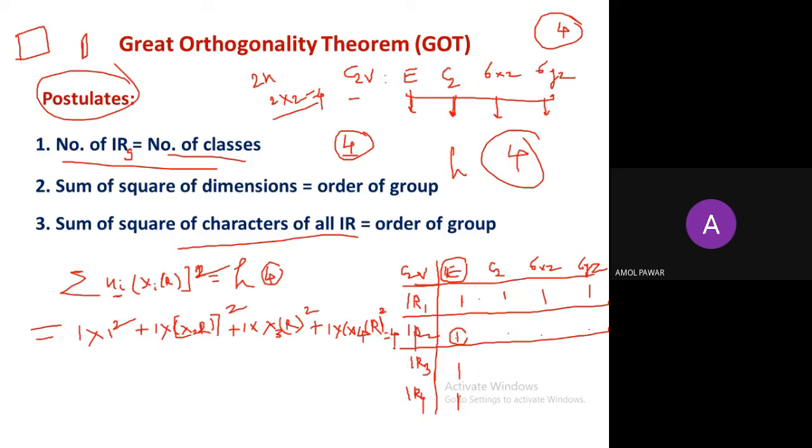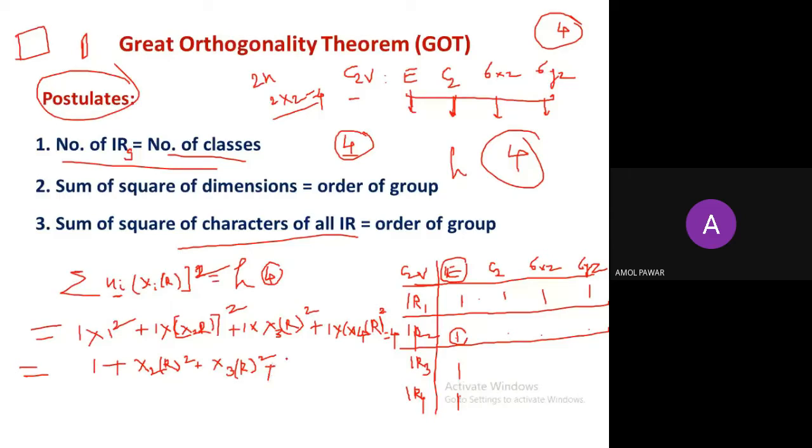Now the next step: this one is n number of class, 1 into 1 square is 1 here first. Now the next, directly we can multiply this 1 into chi2 square, irreducible representation of character 2, plus chi3, character 3 of irreducible representation square.